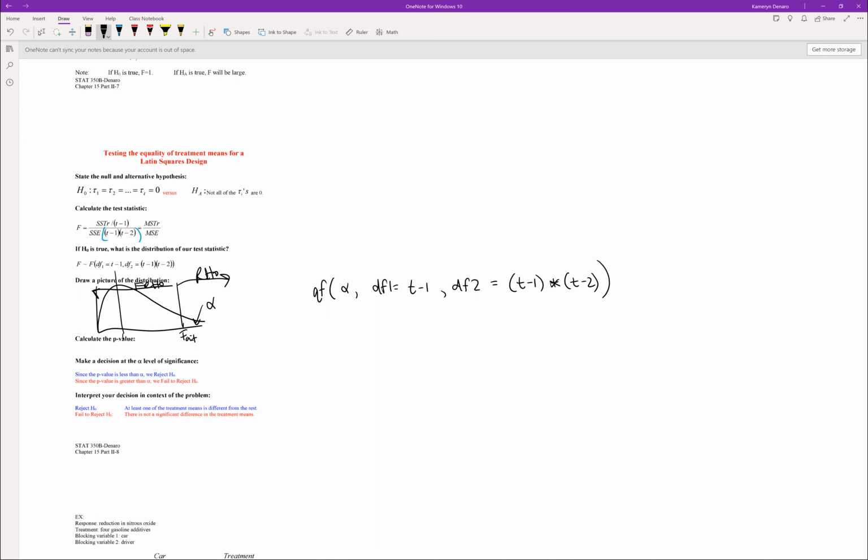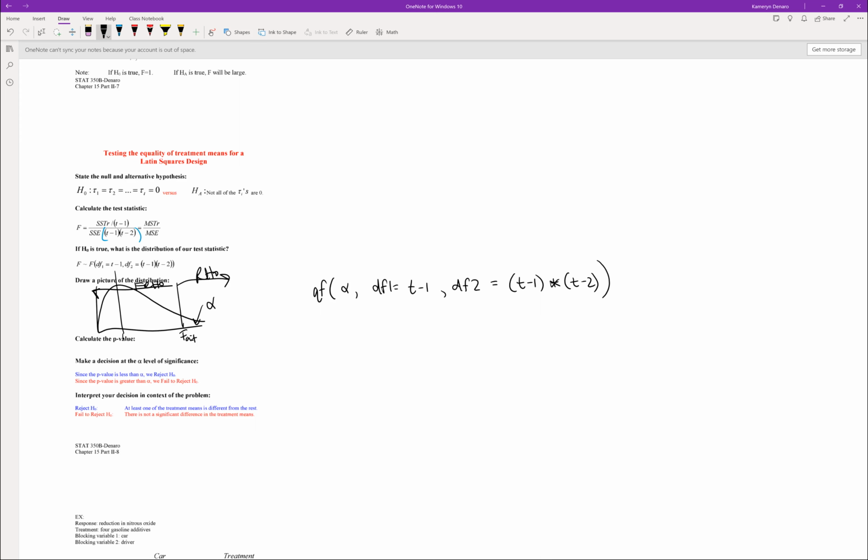When we do that, we're going to get the F value associated with that area. You could also use the F tables to do this. Essentially, you would go to the correct degrees of freedom 1 and 2 in your book, go to the alpha level, and figure out what the F critical value is from there.